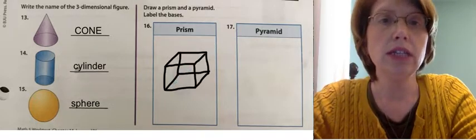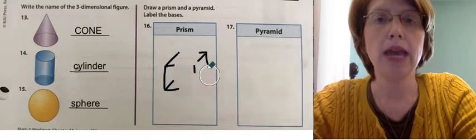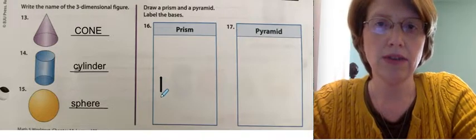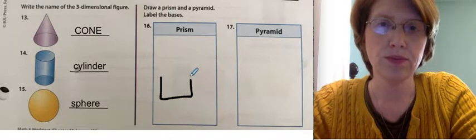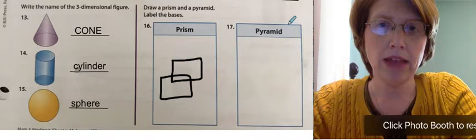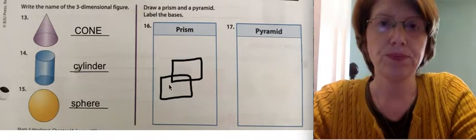Another way to do it is to make the two squares first. Let's see if I made a square here, and then I came and overlapped a little bit and made another one there.